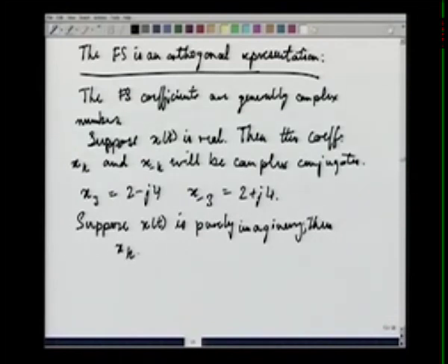X k equals minus x star of minus k. This is the only way you can make sure that the real parts cancel, leaving behind only the imaginary parts. Of course, this ensures that x t is purely imaginary. The earlier case we discussed ensures that x t is purely real. So, that is how this is ensured.